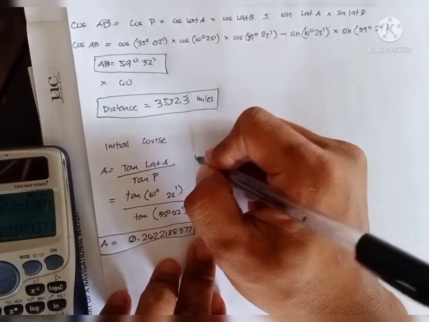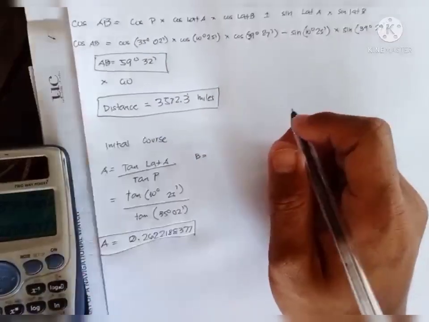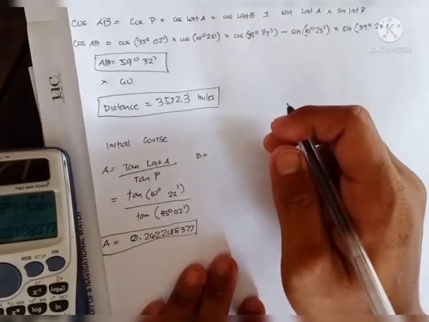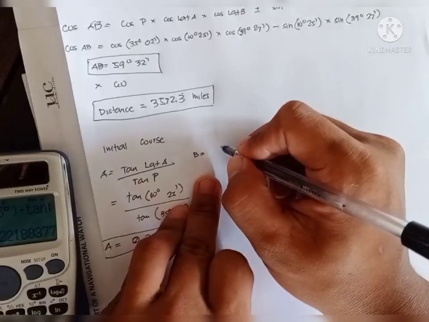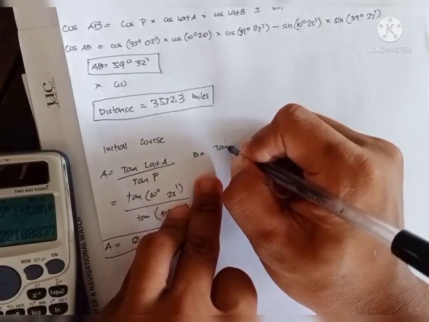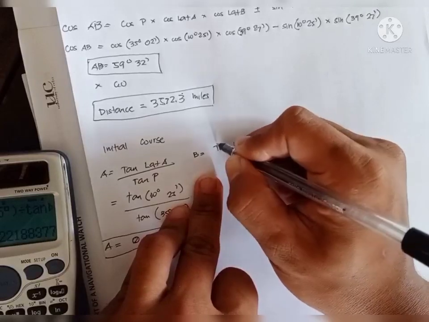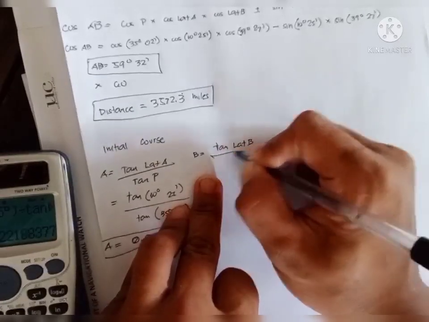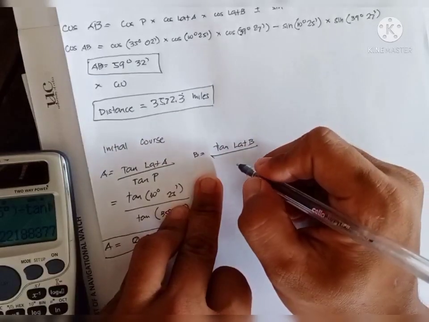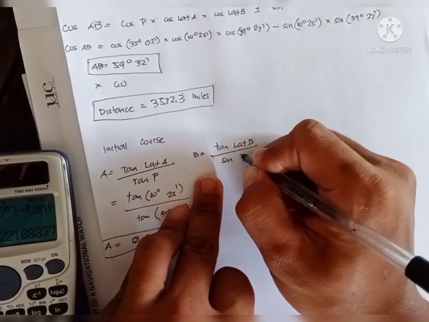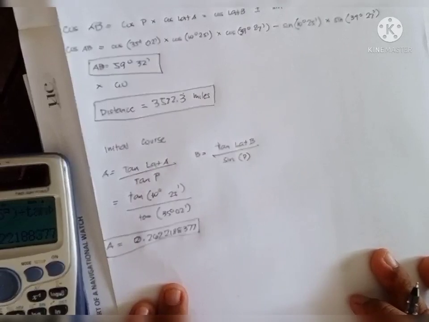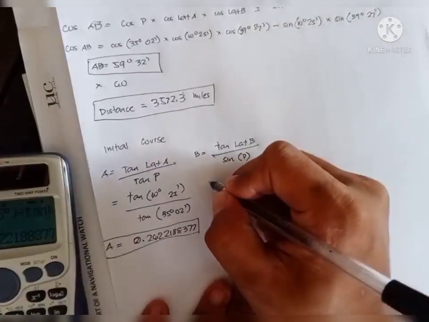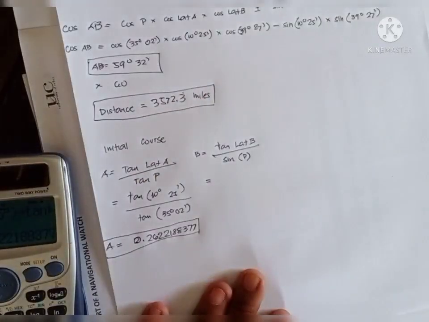And the B, the formula is tan lat B over sin P. So substitute the values.